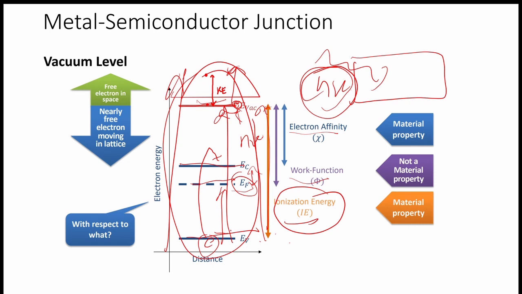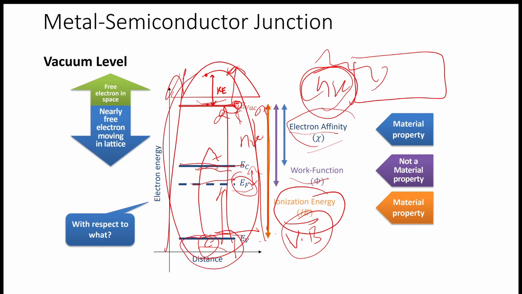Electron affinity is the energy released when we put an electron at the bottom of the conduction band. In a semiconductor, the valence band up to EV will be full of electrons, and there is no empty state in the valence band at the ground state.